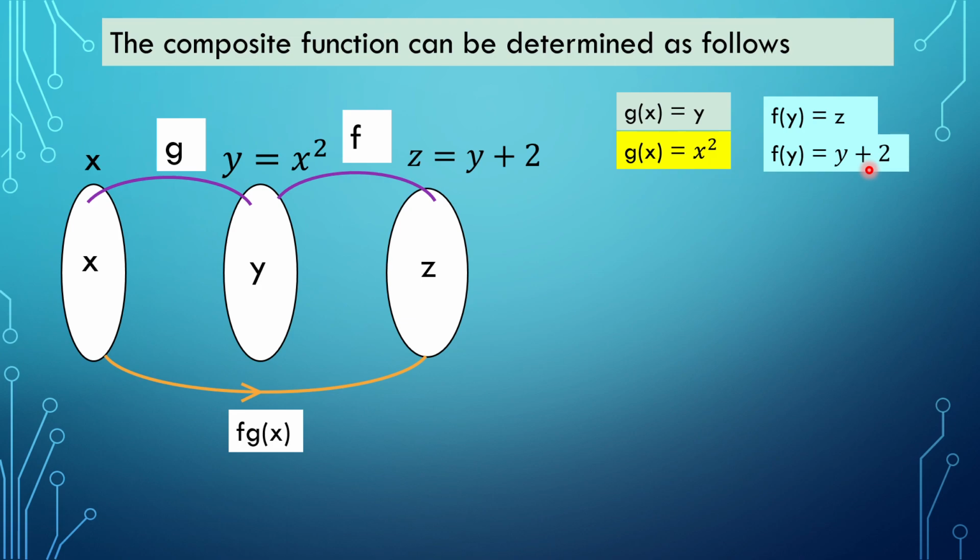So function f in terms of y. Now here if the object is y, the image is also in terms of y. So we can also rewrite or change the y as x. Therefore wherever you have the y, change it back to x. So now we have a function in terms of x only. Okay, so we have function g, we have function f. So now let's see how to find the composite function.